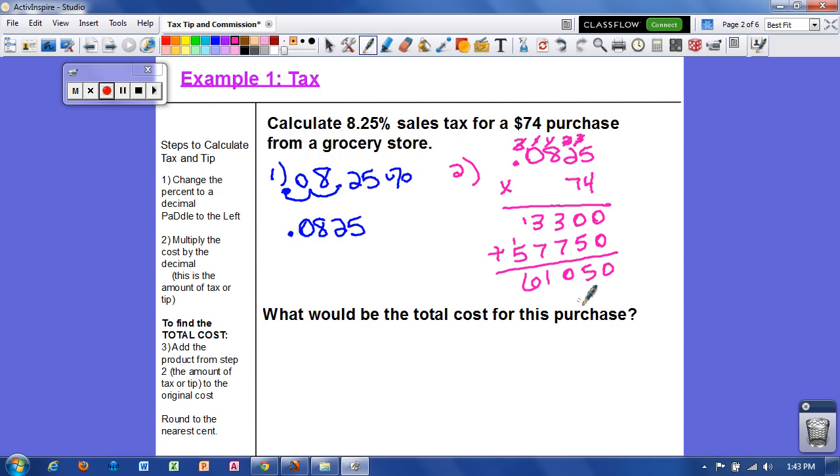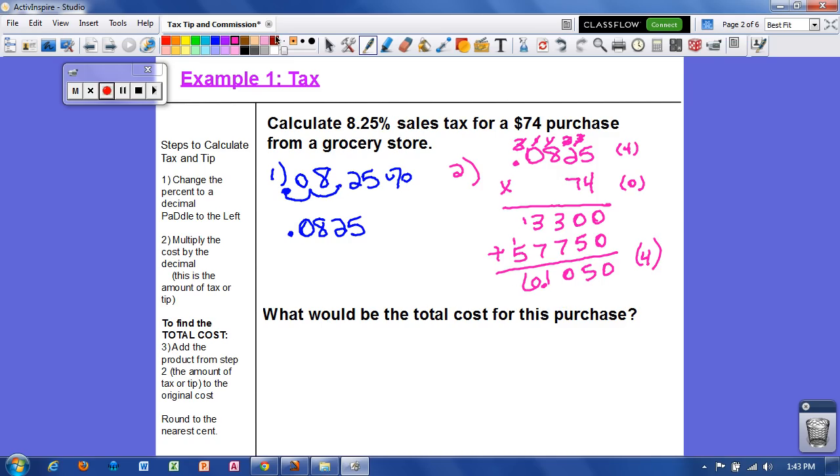Now I have to see where my decimal goes in my answer. I have 1, 2, 3, 4 decimal places here. 74 does not have any decimal places, so I have a total of 4. So I want to have 4 numbers behind the decimal, so I'm going to hop over 1, 2, 3, 4 places, and this is what I get.